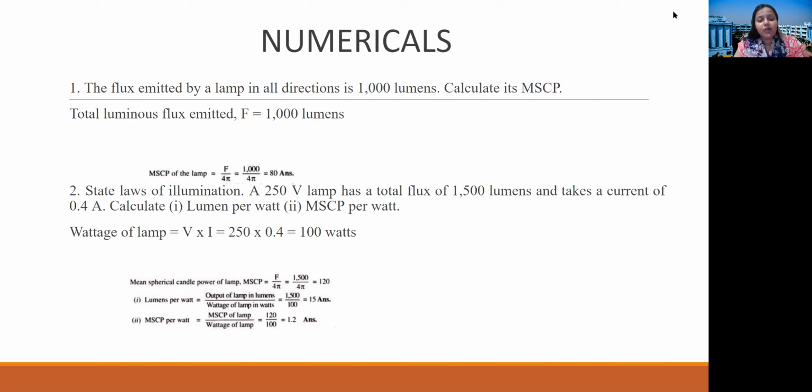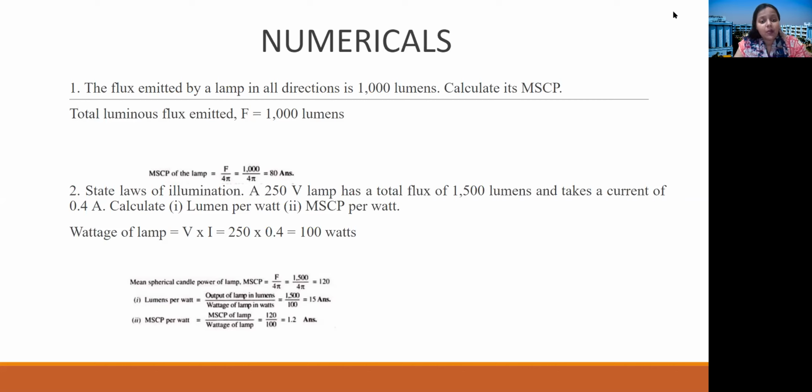A 250 volt lamp has a total flux of 1500 lumen and takes a current of 0.4 ampere. Calculate lumen per watt and MSCP per watt. What is the wattage? The wattage will be voltage into current. Here voltage is 250 volt and current is 0.4 ampere, so the wattage is 100 watt.